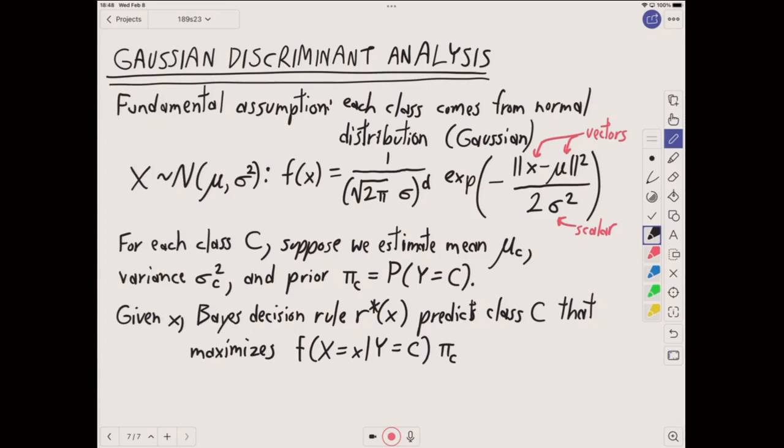Now if someone gives us a test point X and asks our classifier to classify it, you just compute this value for class C. And then you also compute the corresponding value for class not C. And you decide which of those two numbers is bigger. That's the one that wins. That's our classification.